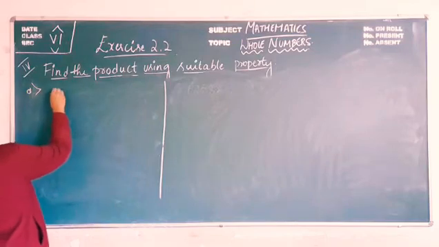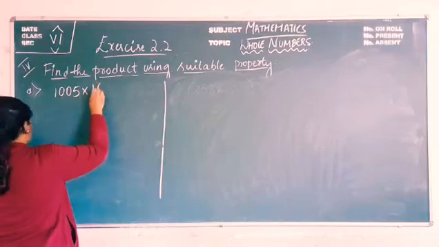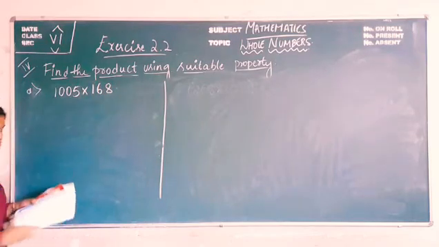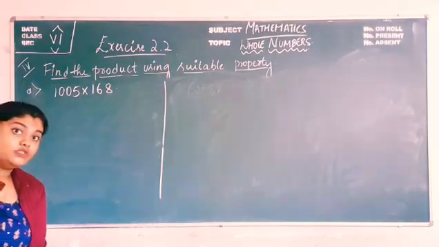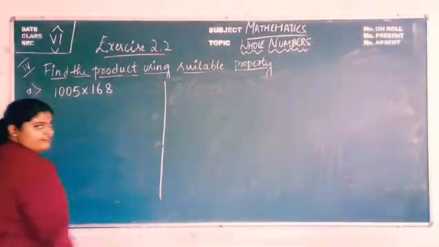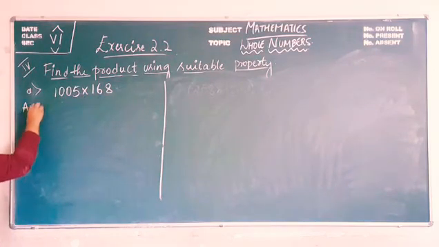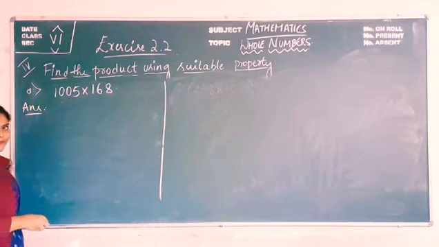Next we have 1005 into 168. Here also we have to apply the distributive property and then find the final value. So how to solve this?